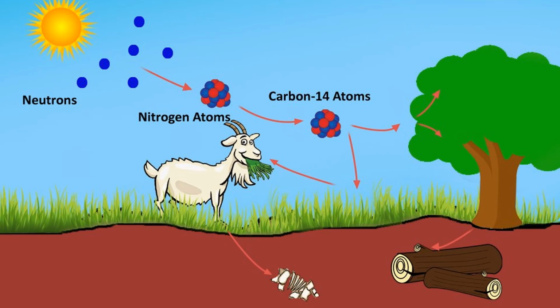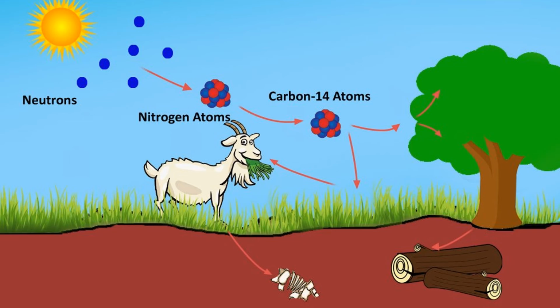Carbon dating is possible on our planet because virtually all carbon-14 atoms on Earth are produced in the atmosphere as a result of reactions between high-energy cosmic rays and the nitrogen gas that makes up our air. This carbon-14 reacts with oxygen to produce radioactive carbon dioxide. The carbon atom in this carbon dioxide is carbon-14.